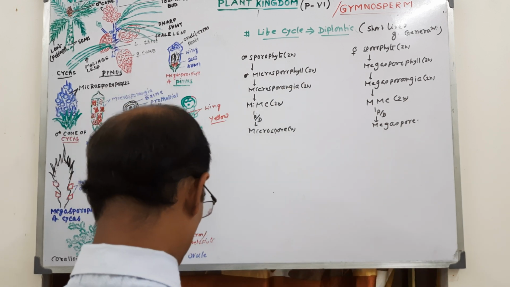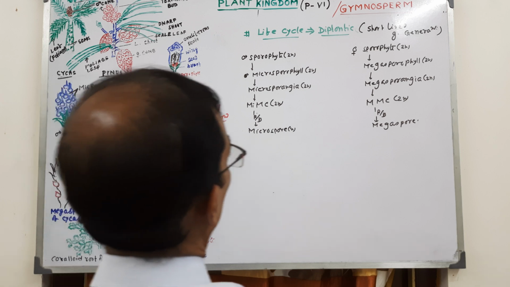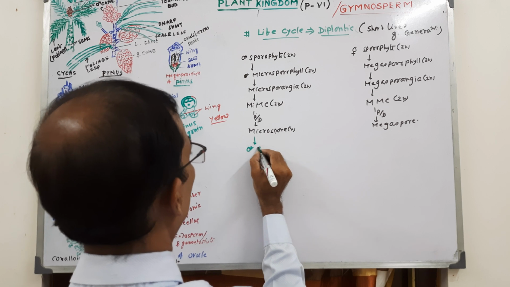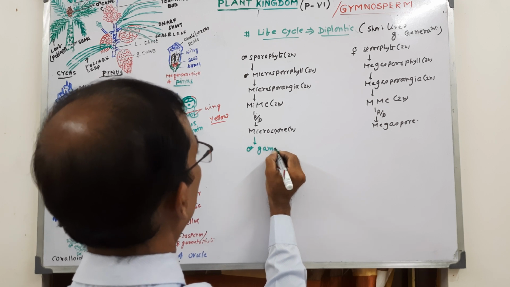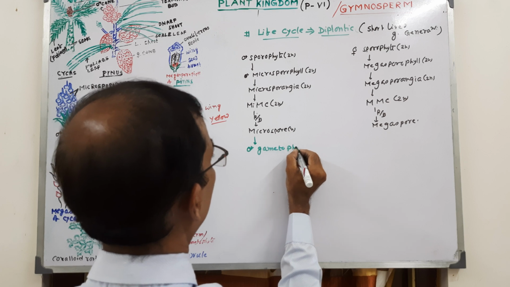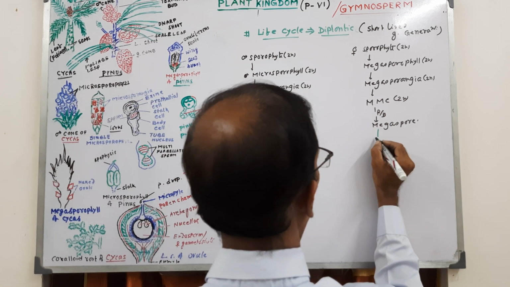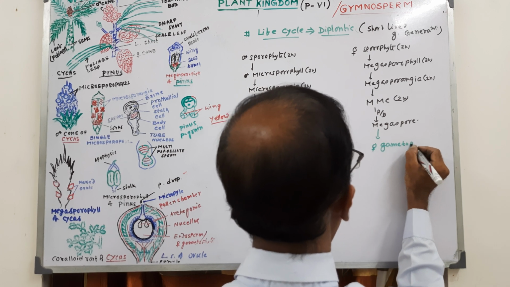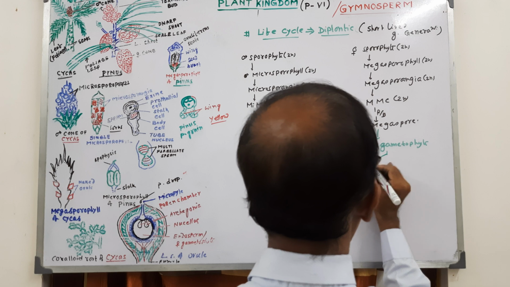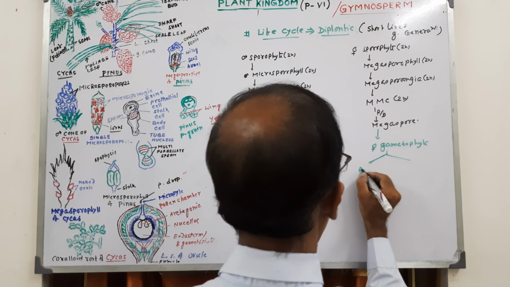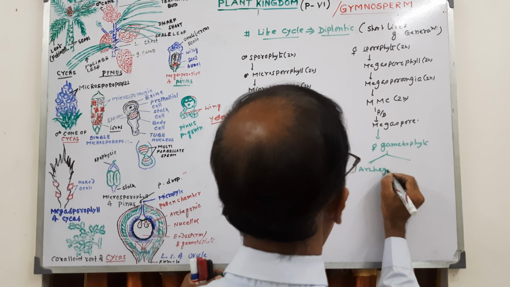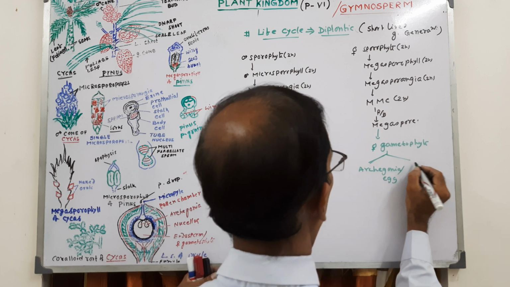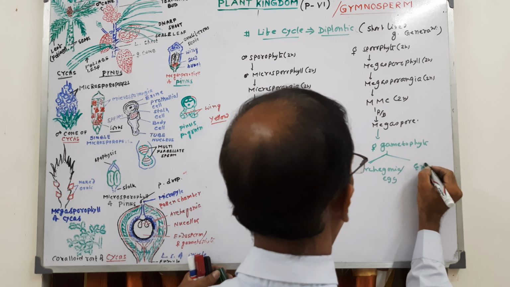It produces male gametophyte. On germination, it produces female gametophyte. It consists of archegonia or egg in case of Gnetum, and endosperm.